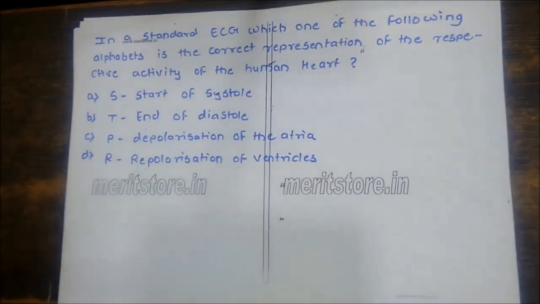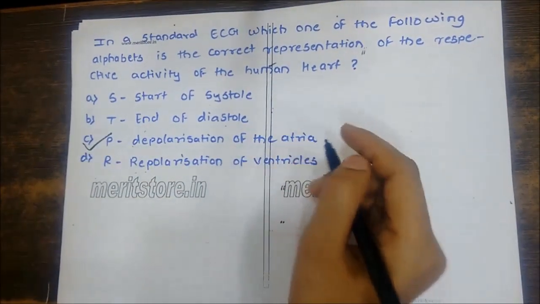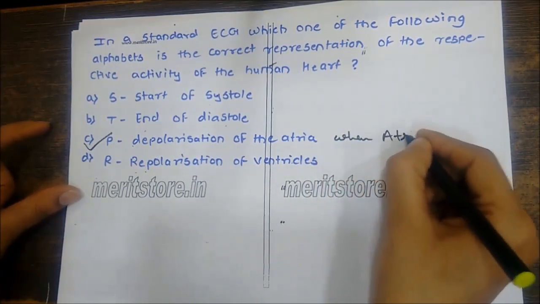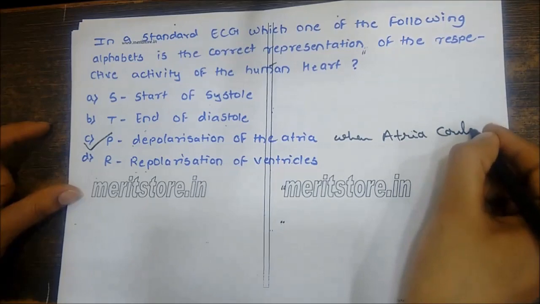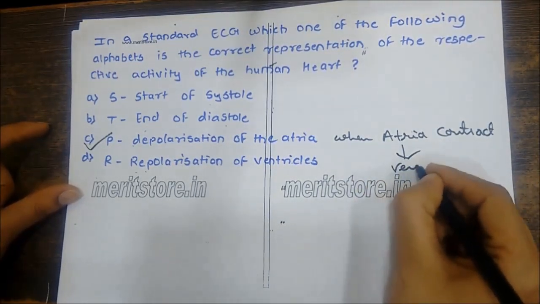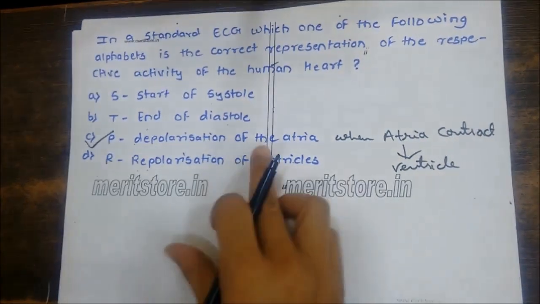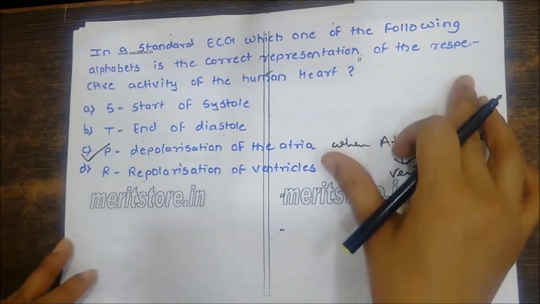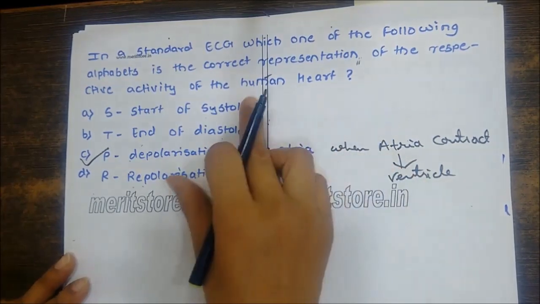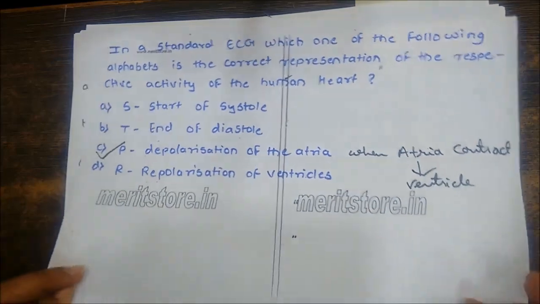So the P is the depolarization of the atria, when atria contract and give all their blood to the ventricle, and the ventricle is filled. So P is the depolarization of the atria.